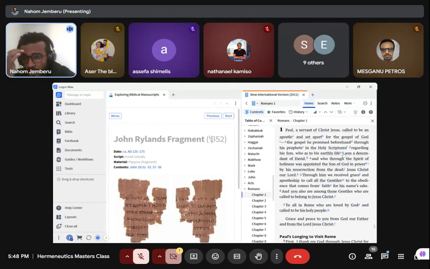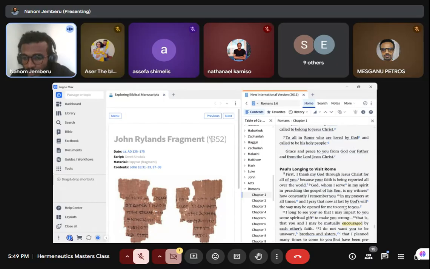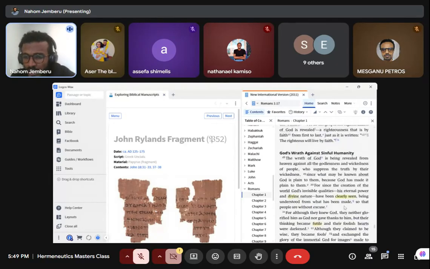If you are using the hard copy version, it gives the list of the textual variants in footnotes. And if you are reading the Amharic version, you can also consult the አዲሱ መደበኛ ትርጉም. The NIV is quite close to the አዲሱ መደበኛ ትርጉም.